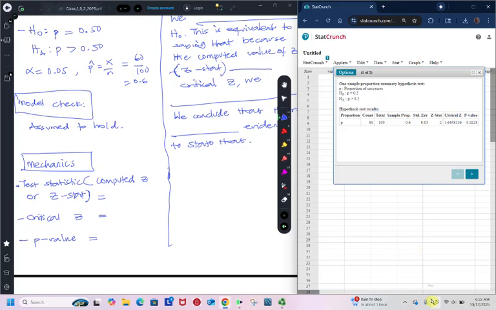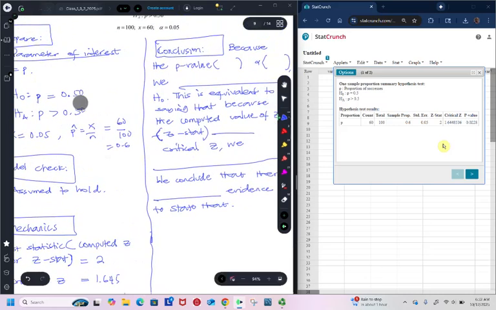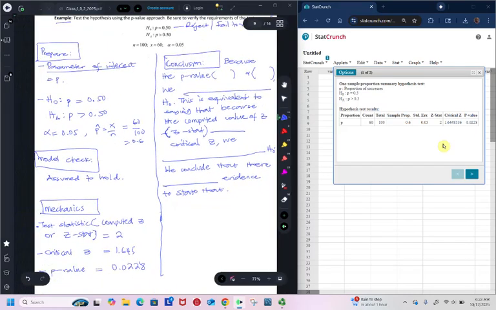So in this case, my test statistic is my z-stat, which is 2. My critical value is 1.645 approximately. My p-value is 0.0228. With that said, I can go to my conclusion here.